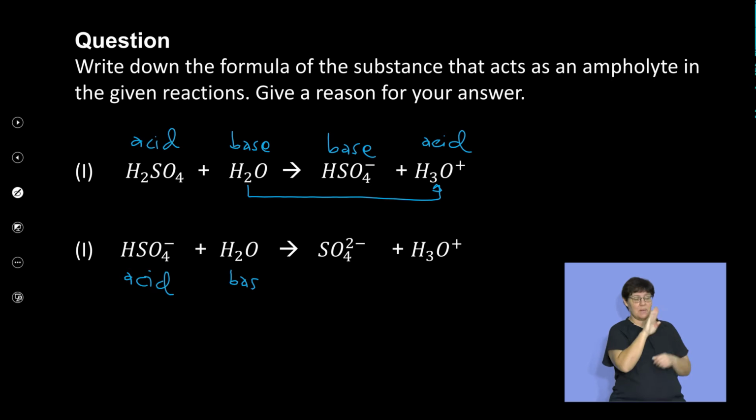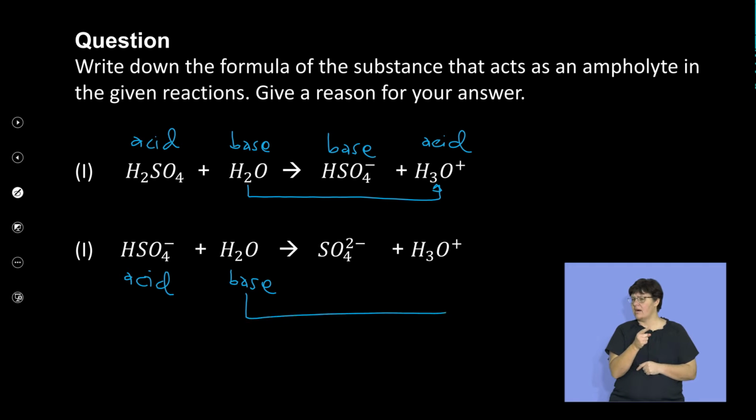So when water accepts, what happens? It forms a hydronium ion. So when this happens, it means the hydronium ion is an acid in the reverse reaction, or it's a conjugate acid, and then the sulfate ion is a base. Right.